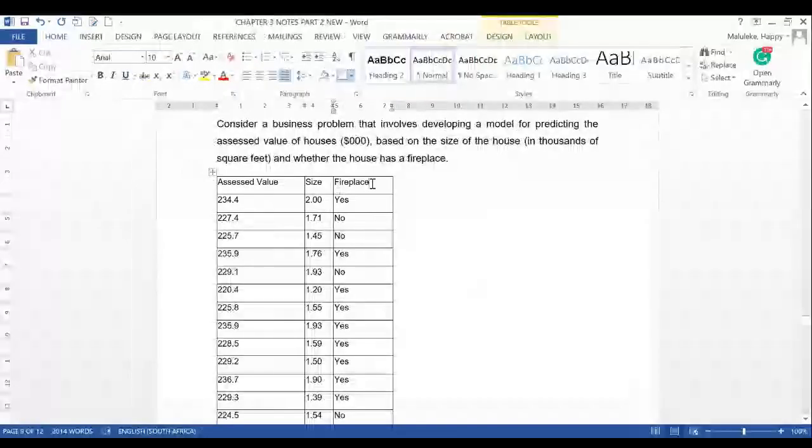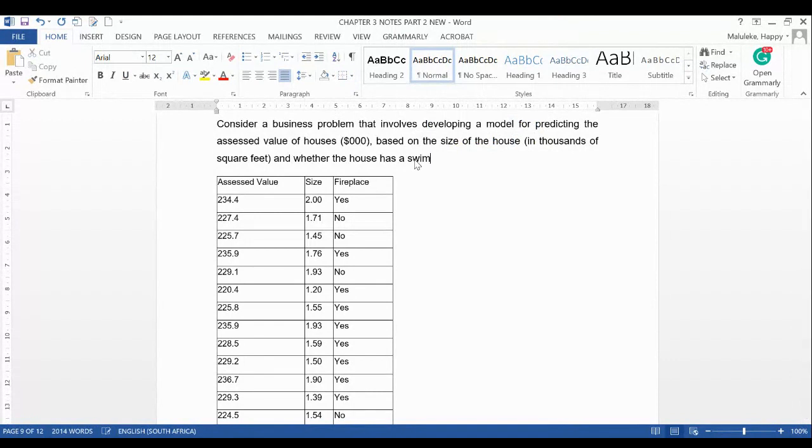We can change that and say the house has a swimming pool, so that you can picture what we're talking about. So 1 means the house has a swimming pool, and 0 means the house does not have a swimming pool. What we are going to do now is to change this variable to numerical.